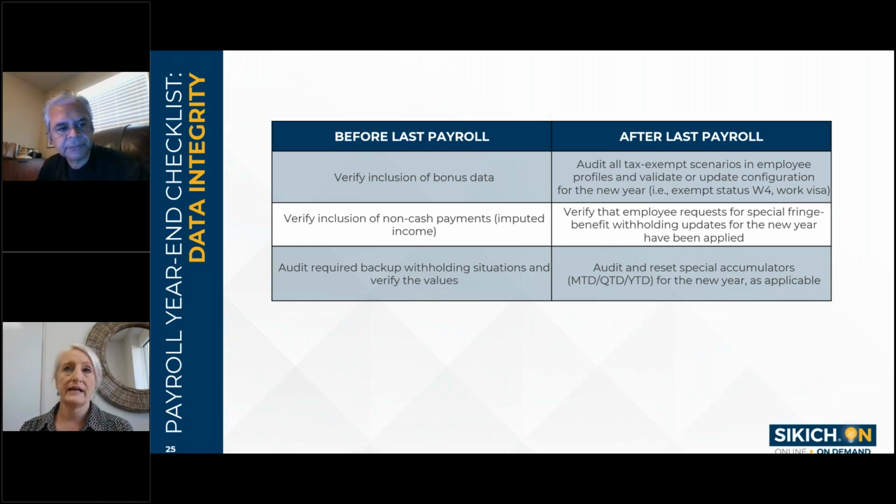Again, similar to imputed income and other source data, if you have bonuses, commissions, raffles, drawings, sales contest winners, there are so many things. Am I omitting some good examples? There are so many examples of imputed income, and a lot of times they aren't captured until it's too late or not at all.